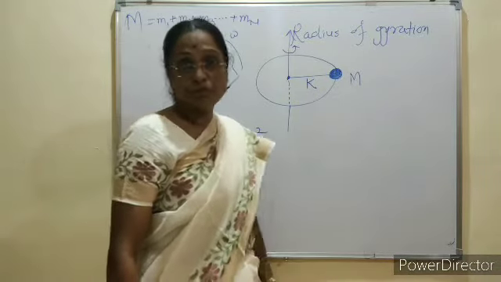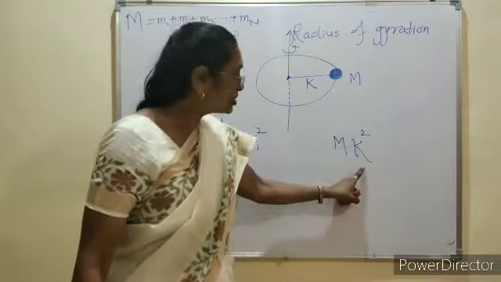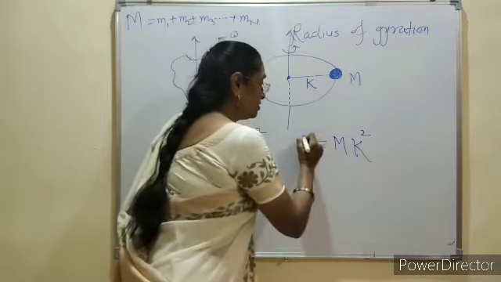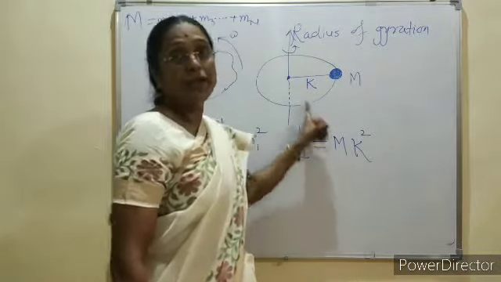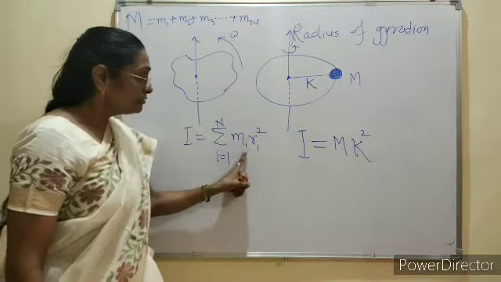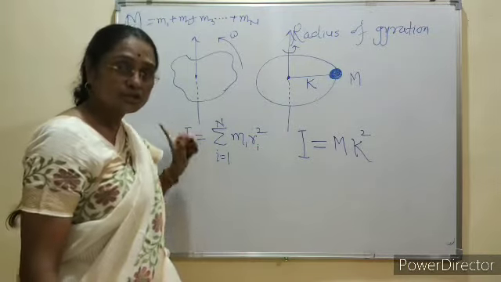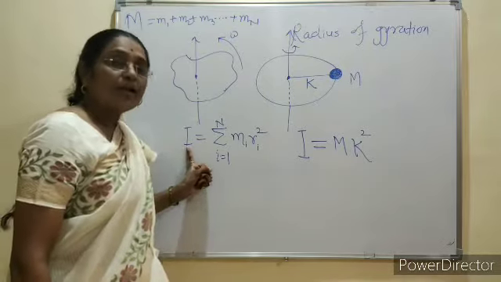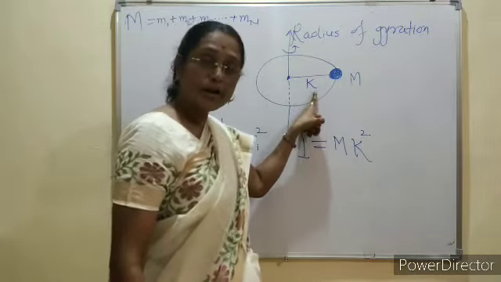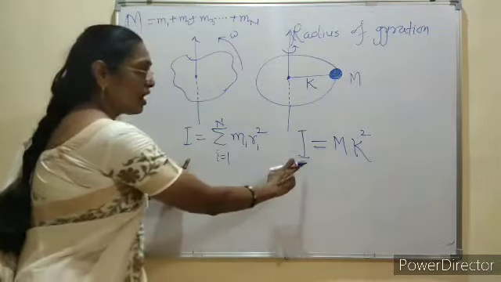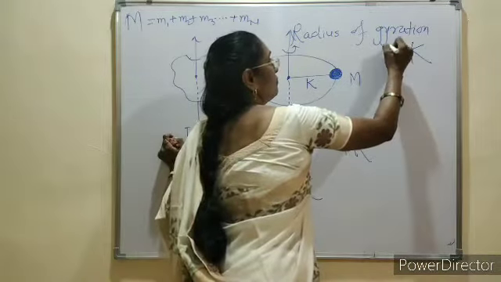Then by the definition of moment of inertia, if we take the product of mass and the square of its distance from the axis of rotation, and it has the same value I about the axis of rotation as we found previously by summing the product of mass of each particle and the square of its distance from the axis, then this k is called the radius of gyration.